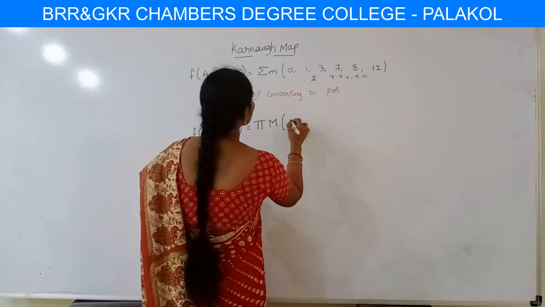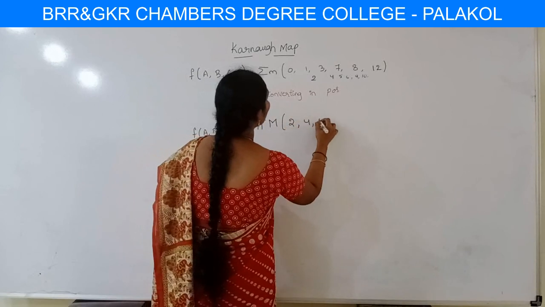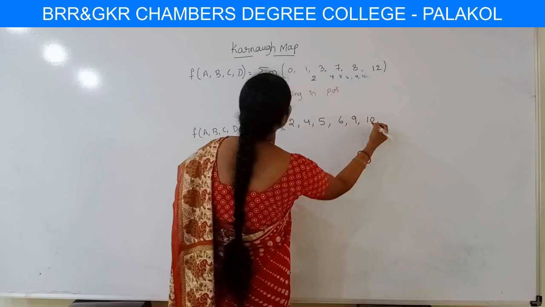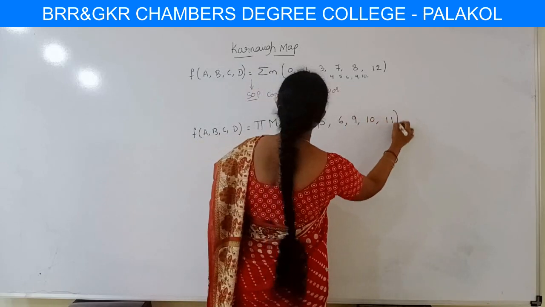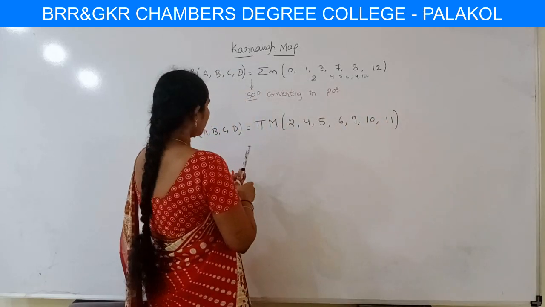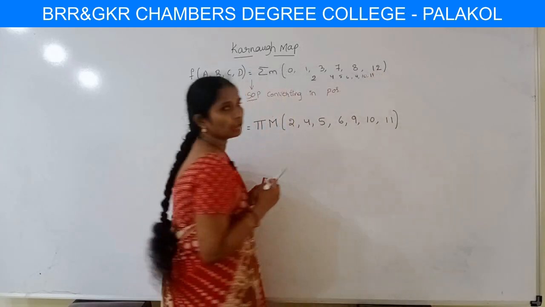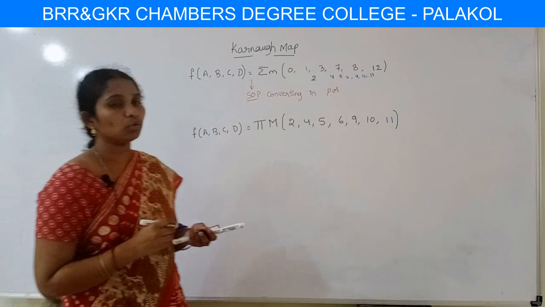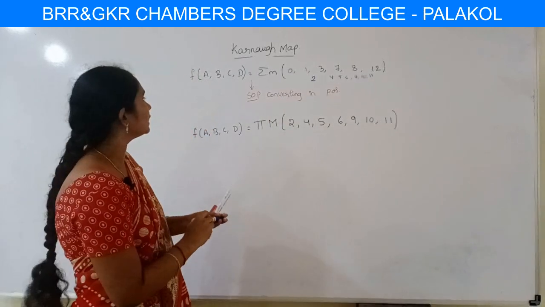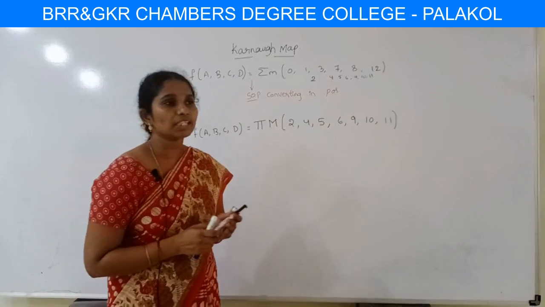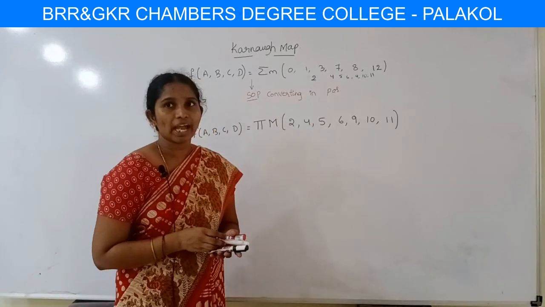The missing terms 2, 4, 5, 6, 9, 10 and 11 are the POS representation for the above question. In this way you have to convert the SOP form to POS form. Next we will move to another question.